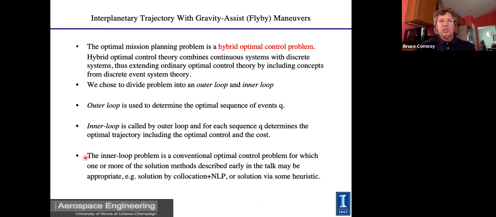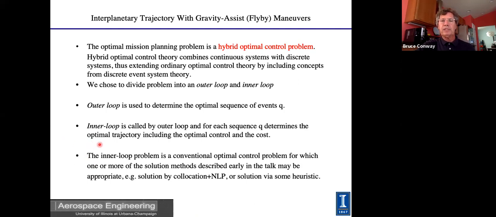The way we chose to solve the problem is really pretty much the only way you can approach these hybrid optimal control problems, which is to divide the problem into an outer loop and an inner loop. In our case, we use the outer loop to define the identities and the sequence of the planets to be used for the flybys.